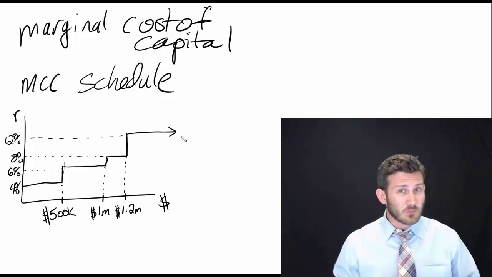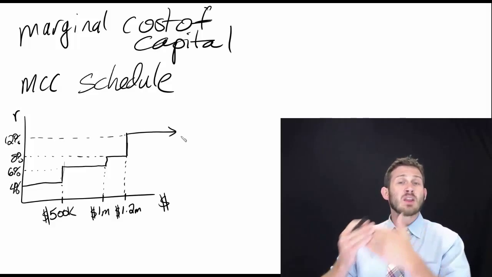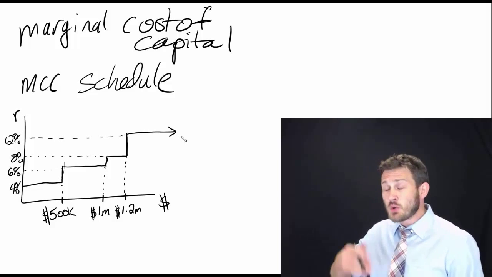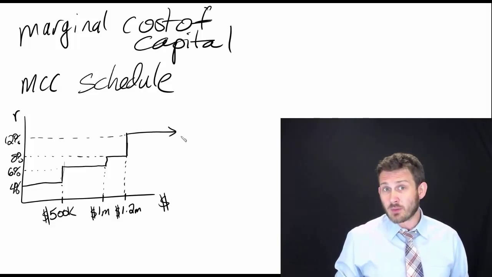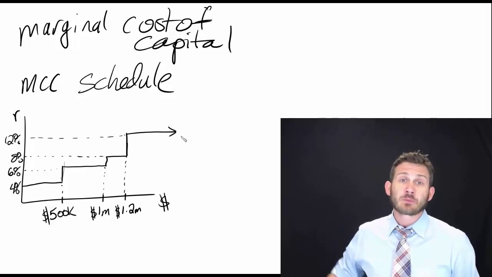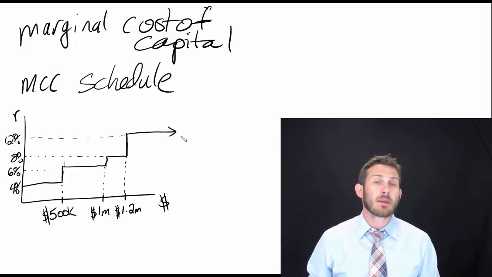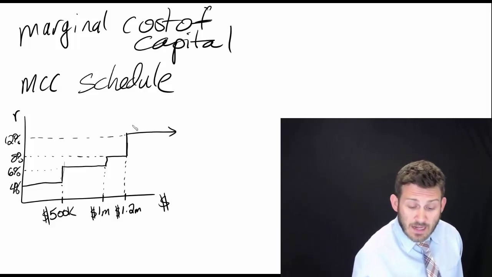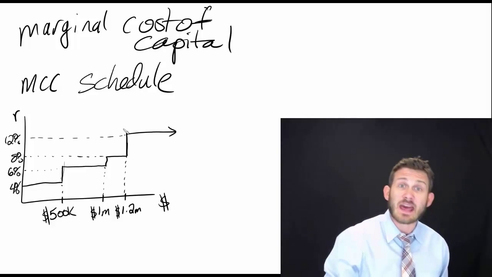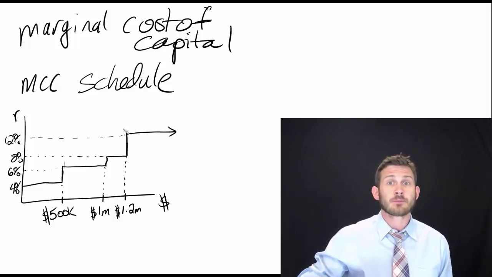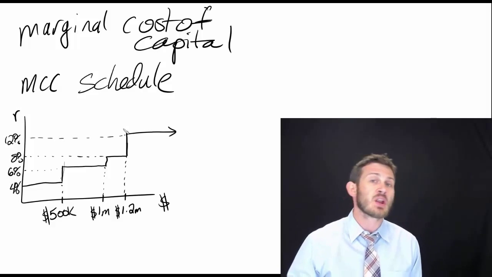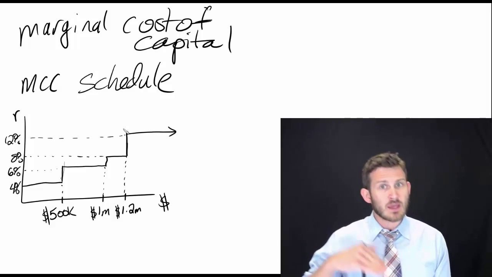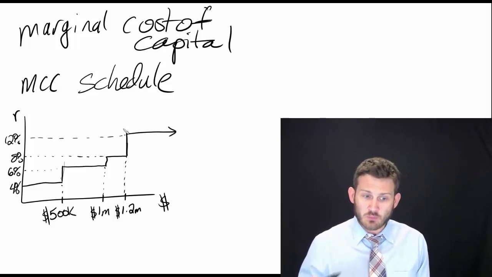As I'm more leveraged, that means I have a lower ability to pay back my debt. If something bad happens, it's going to be harder and harder for me to pay back my debt. So that difference in the rate is compensation for the lenders for me being a less good credit risk.